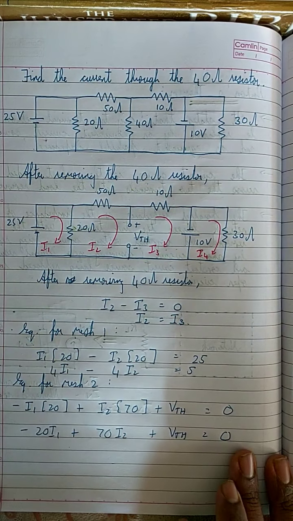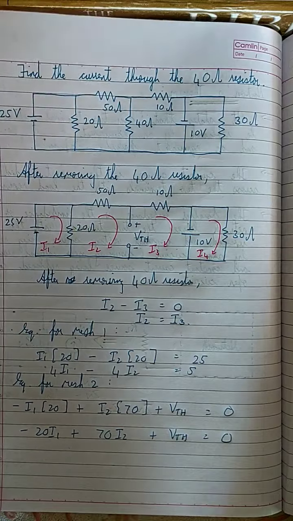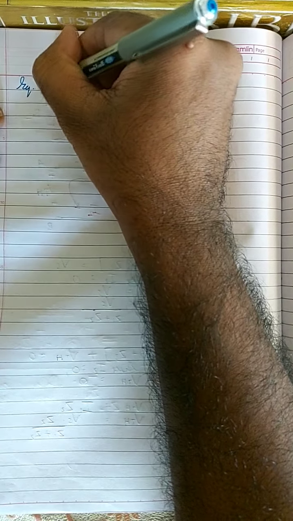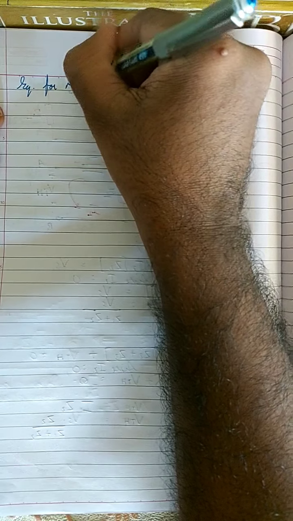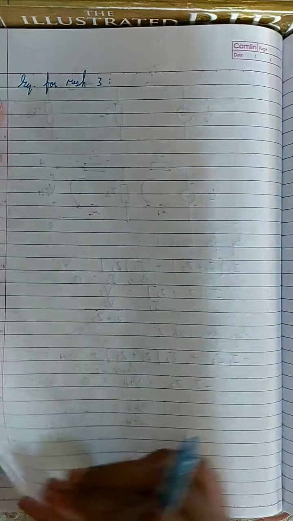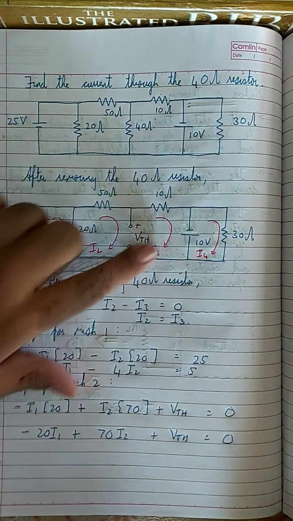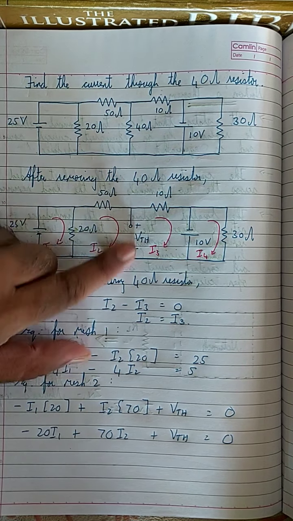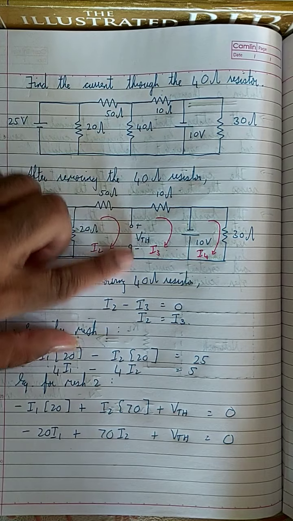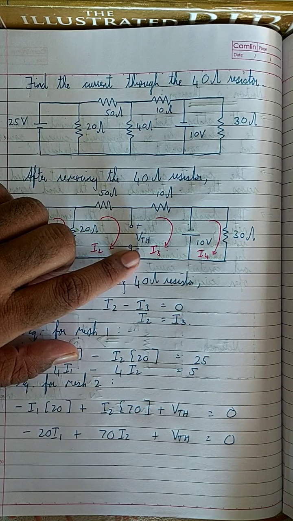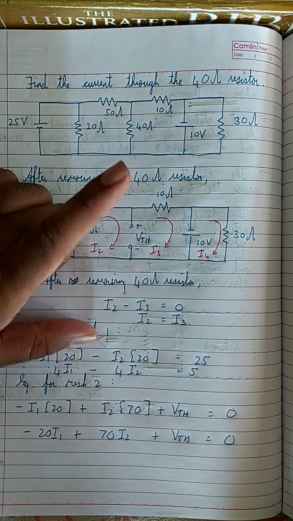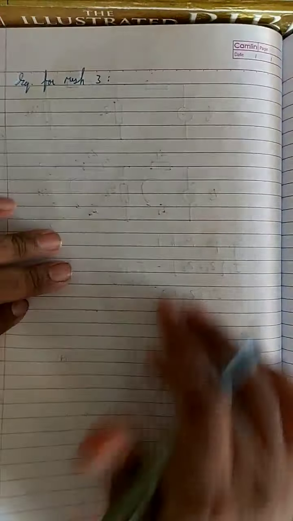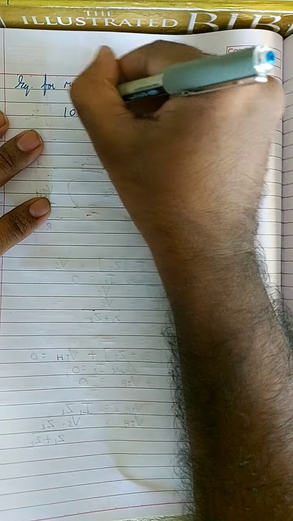Okay, so now I'm going to write the equation for mesh 3. If you look at mesh 3 over here, I2 is not touching anywhere, as there is no current over here, so this is left only with I3. I3 is touching only this resistor, which means it is 10 I3.